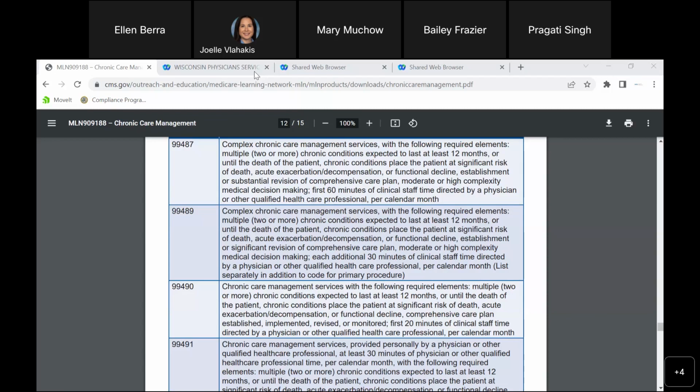Really almost a concierge service to them, that you're going to be interacting with them every month. And here's what we're going to do, and here's how you have the additional access. And we're really going to try and keep you from having to go to the emergency room. Nobody likes to sit in an emergency room for 4 or 5 hours if you can prevent that.